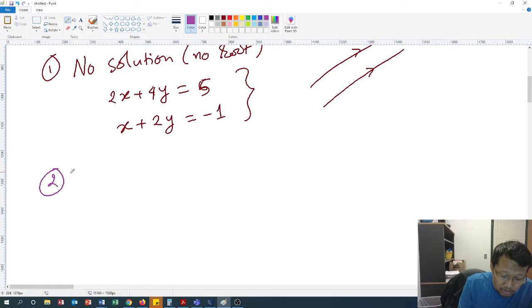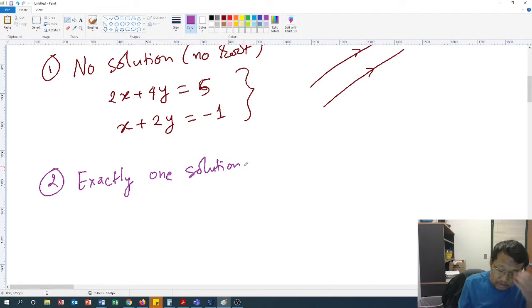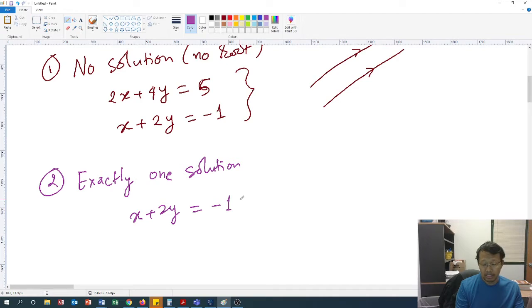Number two, exactly one solution. In this type of system of linear equations, there are more than one equation, and something just like this could happen. Let's suppose x plus 2y equals -1, and say there's another equation 2x minus 3y equals 8.